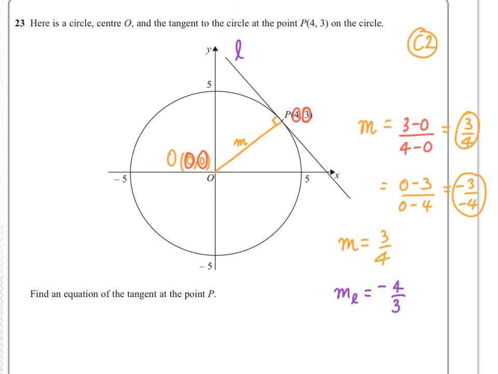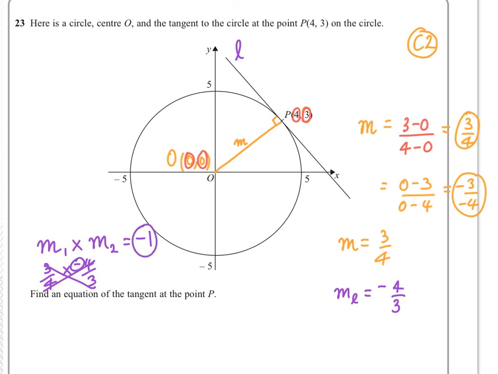I hope your teachers explained that if you have the gradient of one line and then one that's perpendicular to it, if you multiply the gradients together, you always get -1. So we can test that. We had 3/4 times by -4/3, and yes, 4 divided by 4 is 1, 3 divided by 3 is 1, so we're left with -1.